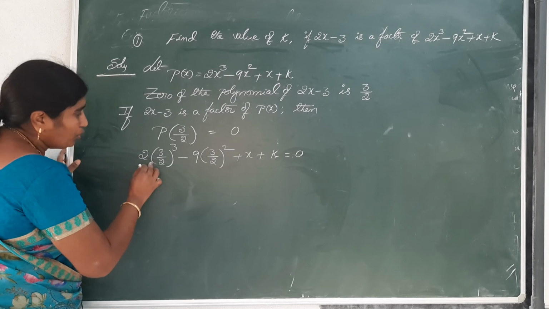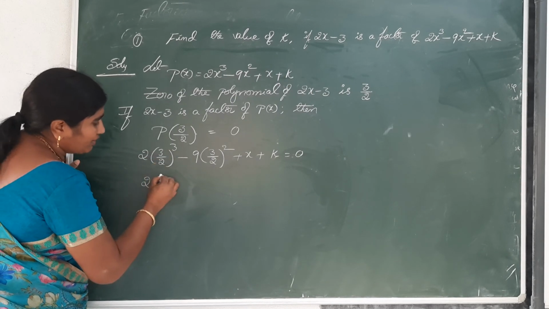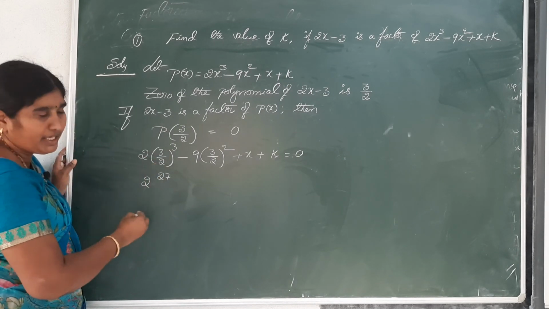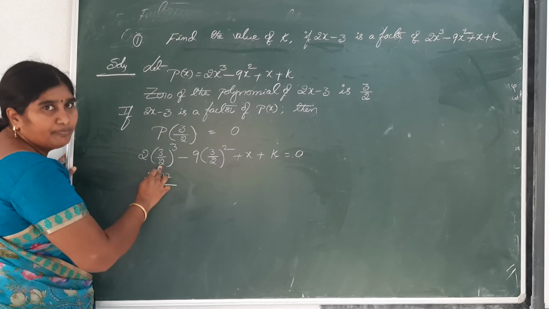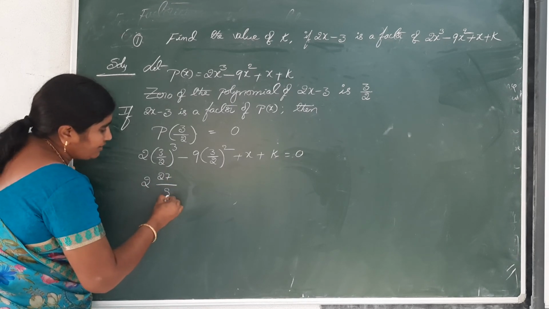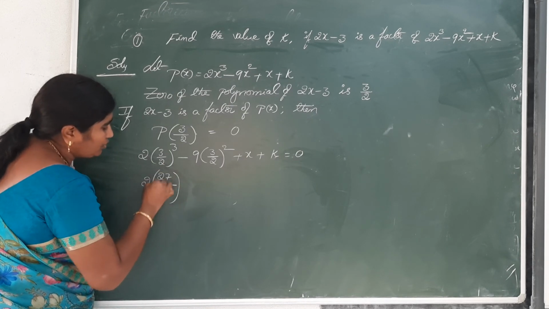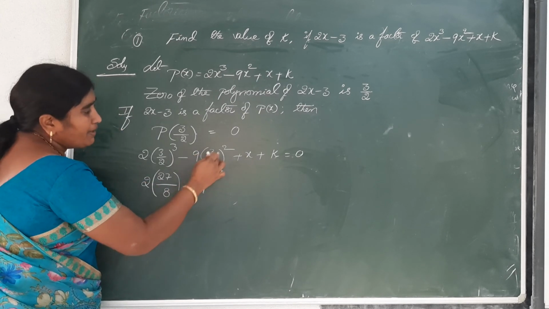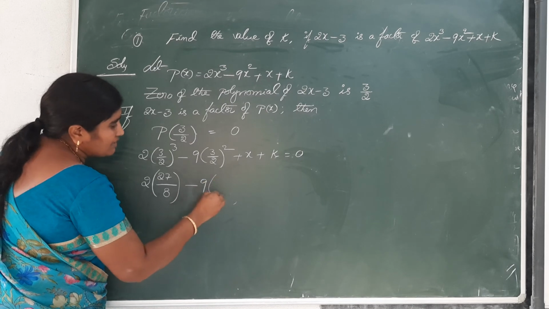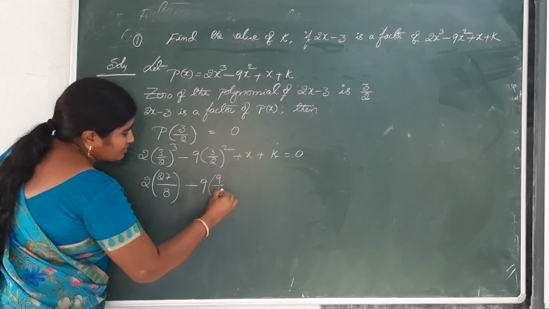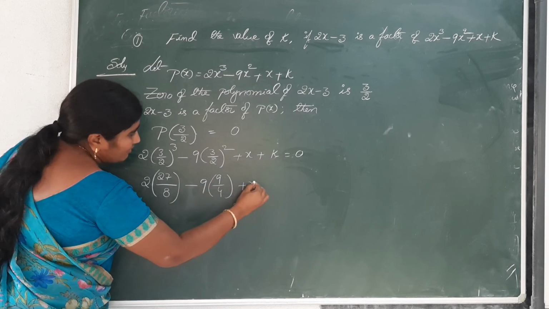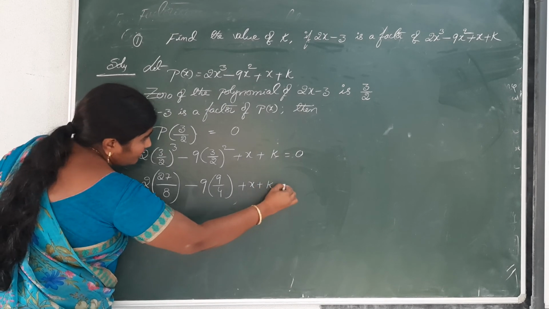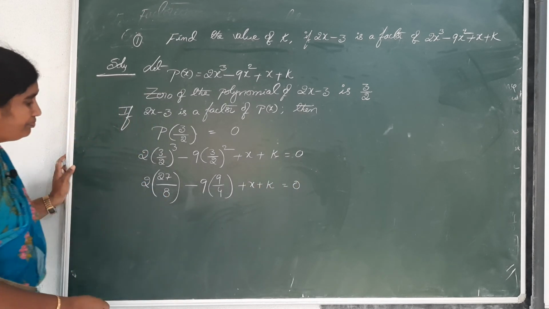Next, 2 into 3 by 2 whole cube: 3 cube equal to 27, 2 cube is 8, so 3 by 2 whole cube equal to 27 by 8. Minus 9 into 3 by 2 whole square: 3 square is 9, 2 square is 4, plus x plus k equal to 0.